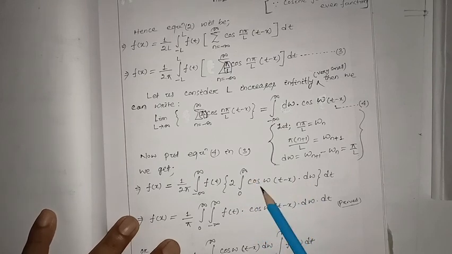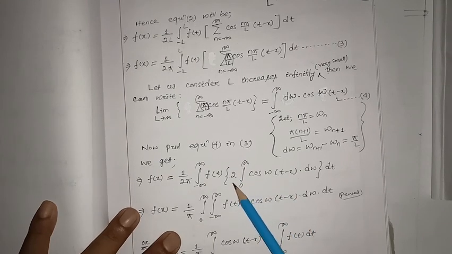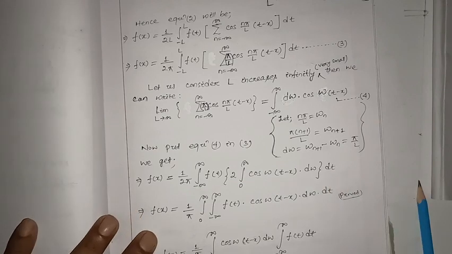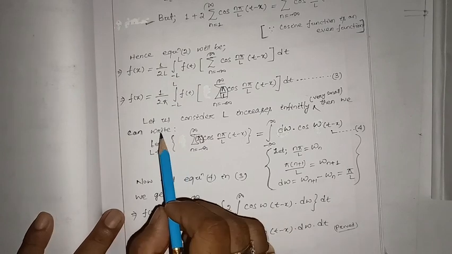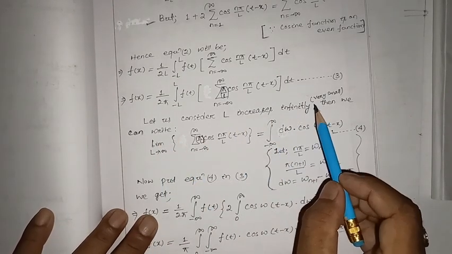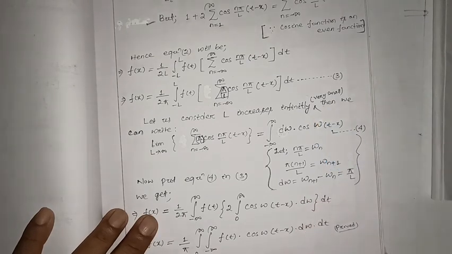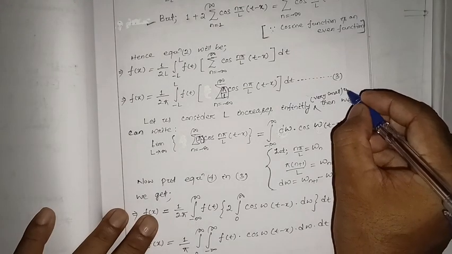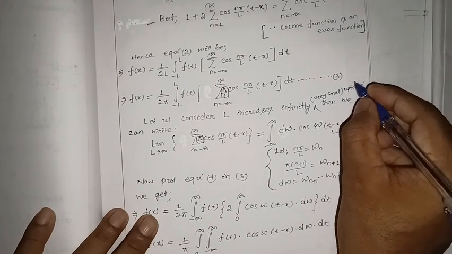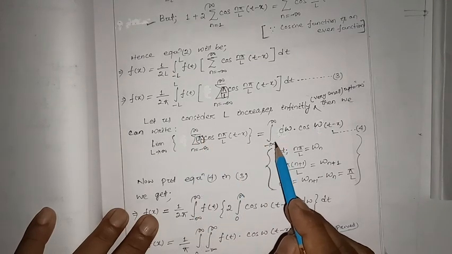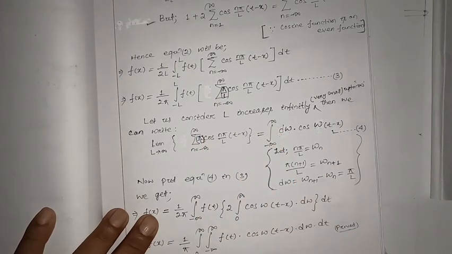As cos omega is an even function, we can write it as 2 into the integral from 0 to infinity of cos omega (t minus x) d omega into dt. Here again I want to explain one thing: L increases infinitely, and only for that this summation is transformed into integration, right?